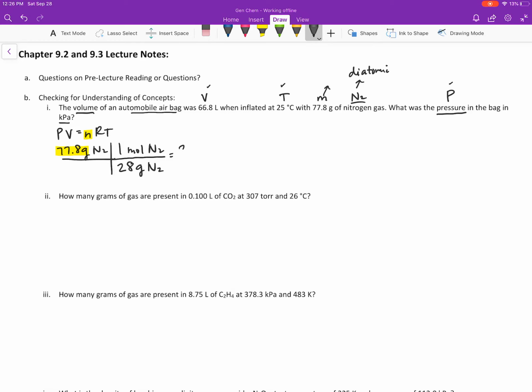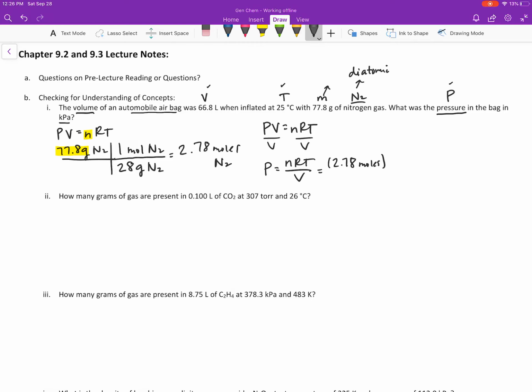So now at this point, I have everything I need to plug in. Sometimes with PV = nRT, I like to rearrange the formula first to solve for the variable I'm looking for, because it means I'm less likely to make a mistake. Okay, so I need pressure. I've solved for pressure. It's correct. And now I'm going to plug in my values. 2.78 moles.